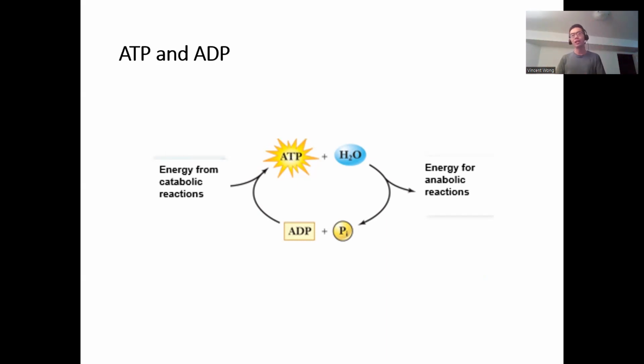It's like your phone, right? You use it and then you recharge it, and you can use it again, and then you need to recharge it. So exactly the same situation here. But instead of plugging the phone into the socket to recharge the ADP, we need the energy from the catabolism, from the reactions that involve breaking down our food. Okay.